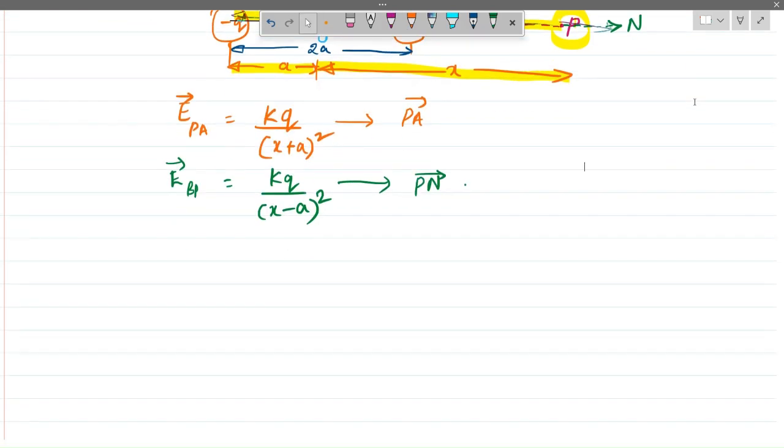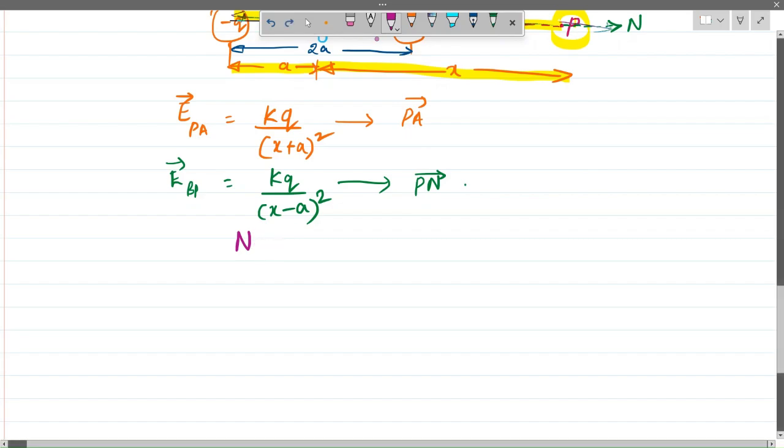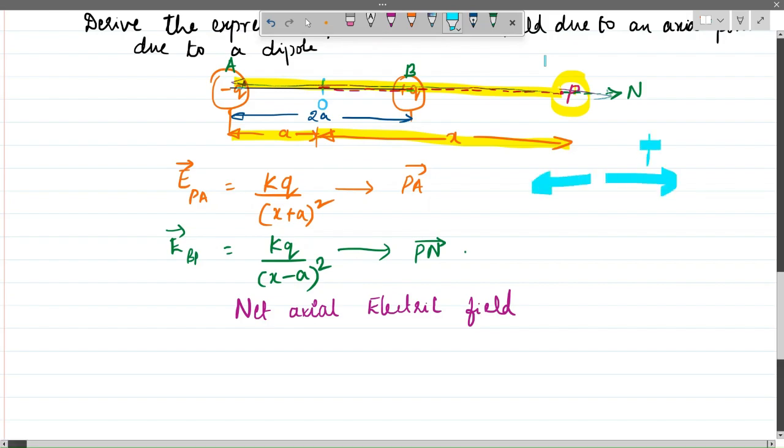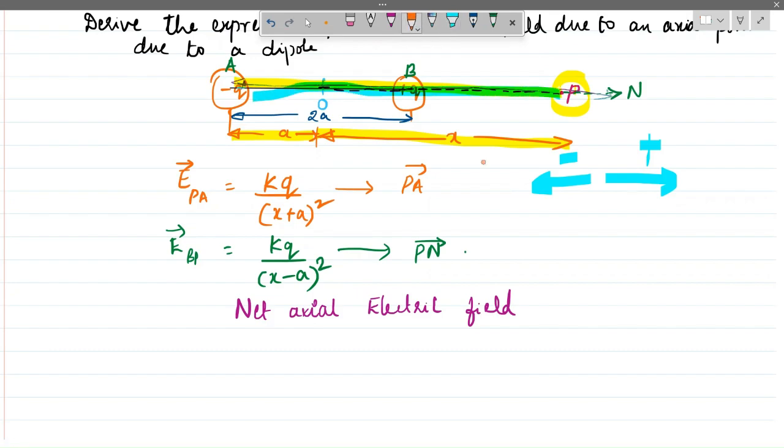Let us calculate the net axial electric field. We know that in this direction it is positive, this direction it is negative. So PA is negative, and this direction BP is positive.